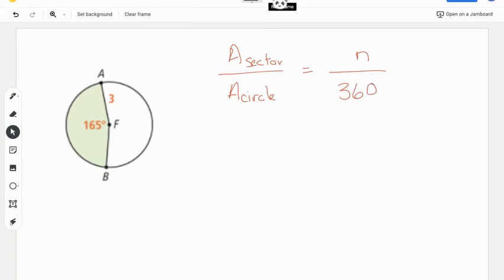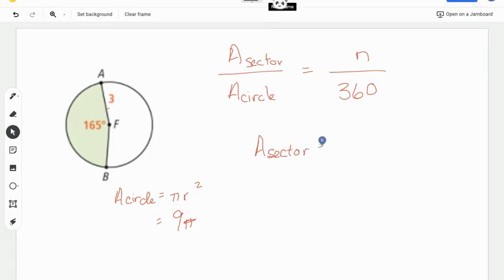And so I'm going to start off by finding my area of the circle, which I know is pi r squared, or in this case, 9 pi, right? I know that my r is 3.